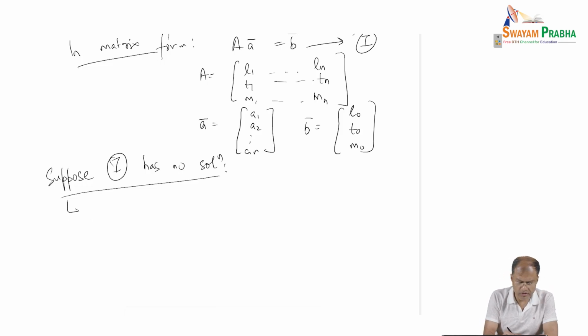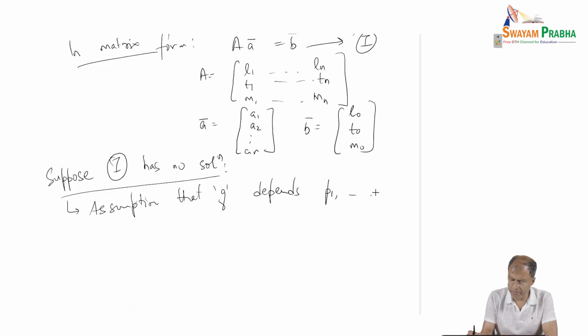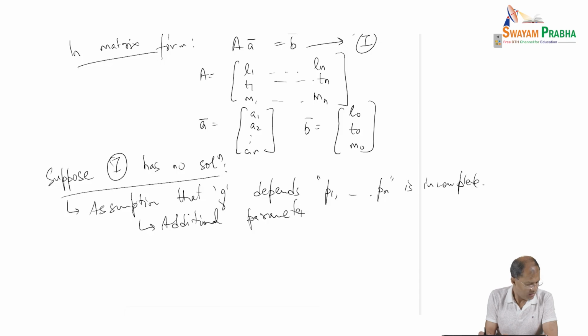So in this case the assumption that Q depends on P1, P2, up to Pn is incomplete, and we need additional parameters to complete the system.